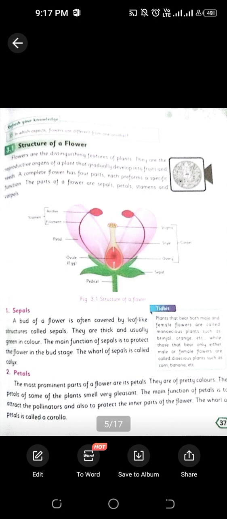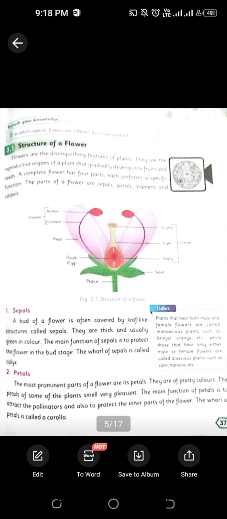Then we have stamen. Stamen includes the pollen grains, the anther and the stigma. The red seed type structure is the stamen, and then we have carpel, the internal structure of a flower, which includes ovary and style and stigma. We will describe it later.